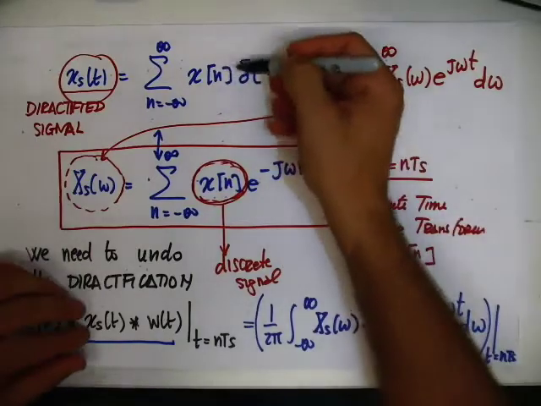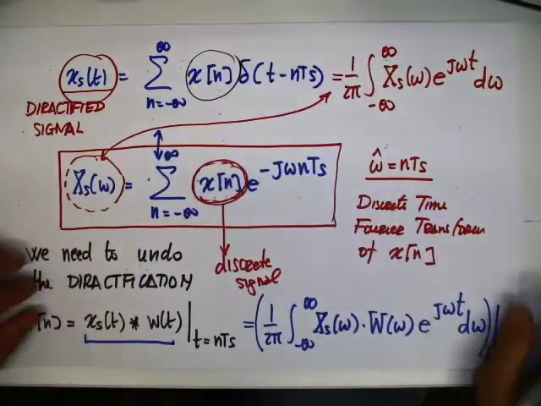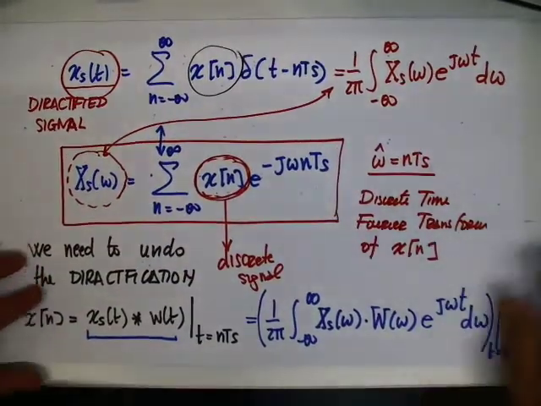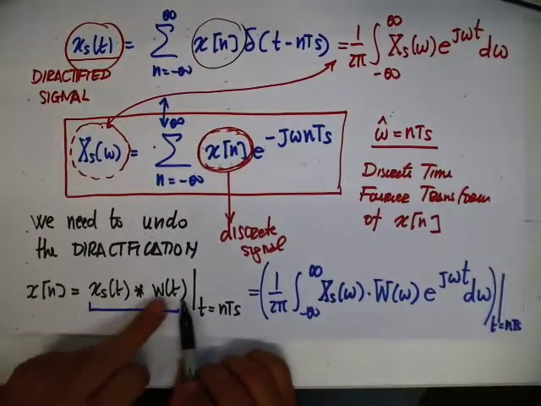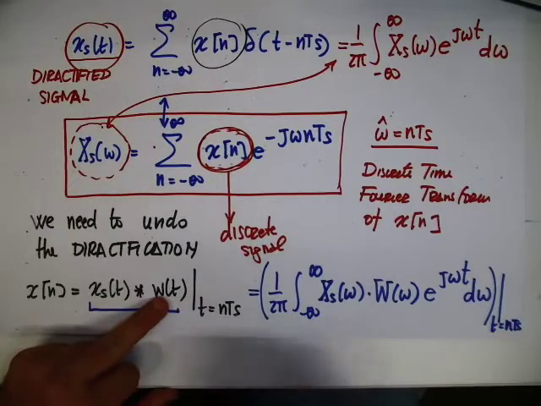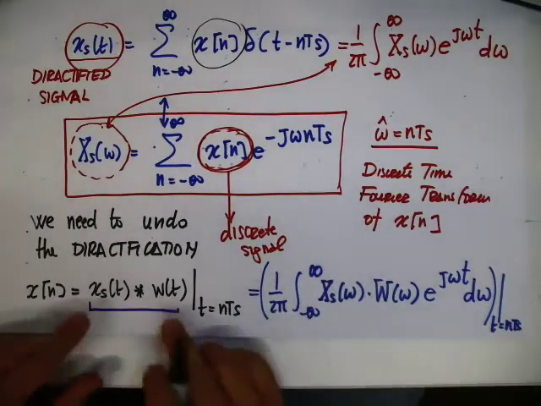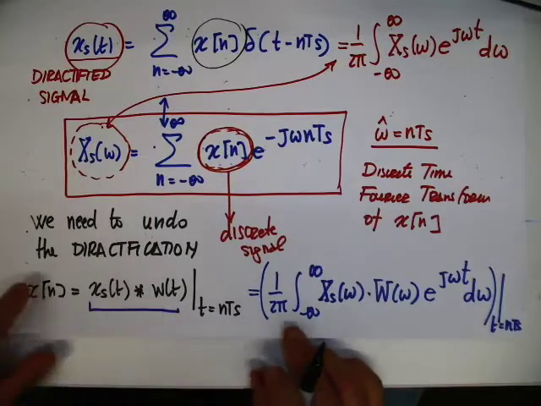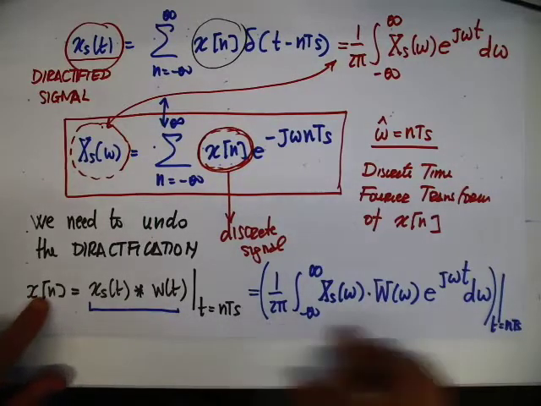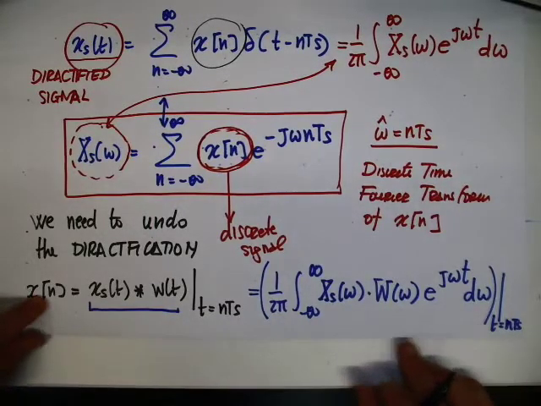But in reality, now we are interested in recovering just the values at nT_s. So in order to do that, we need to do a convolution with a special window, and there are infinite choices for these windows. Once we do that, we can rewrite the discrete signal in this form, okay?